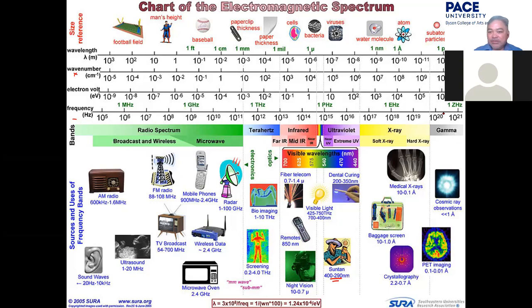Gamma rays are also highly energetic. If you are exposed to them, you're not going to turn into the Incredible Hulk, you're going to die. The same with cosmic rays. You're not going to become the Fantastic Four, you're going to die because of the high energy. So this is the chart of the electromagnetic spectrum.